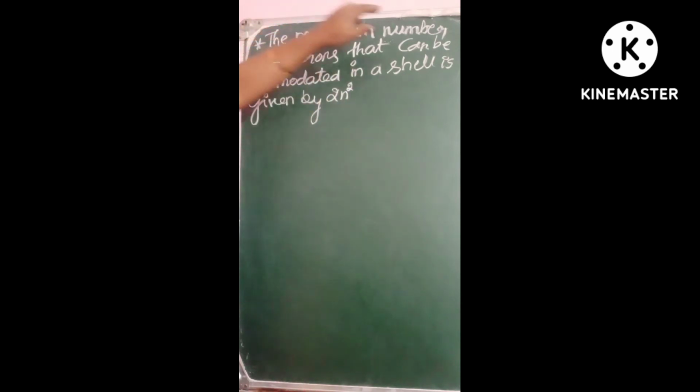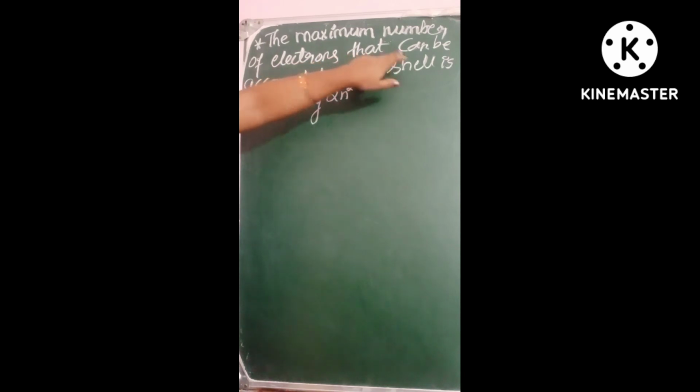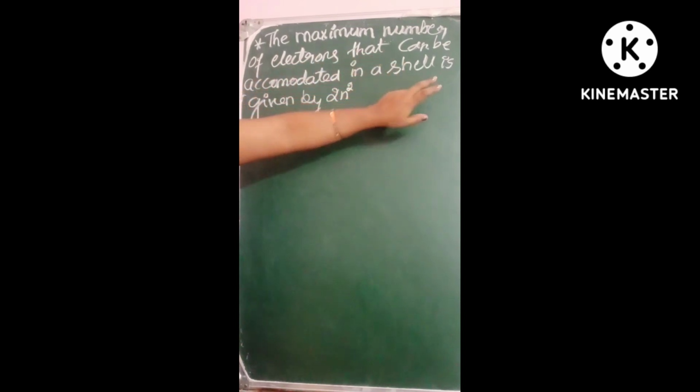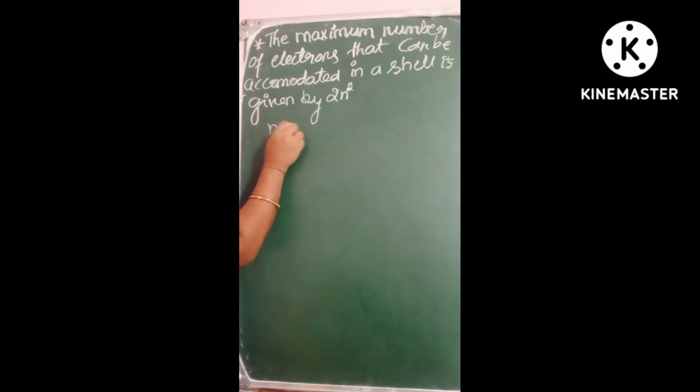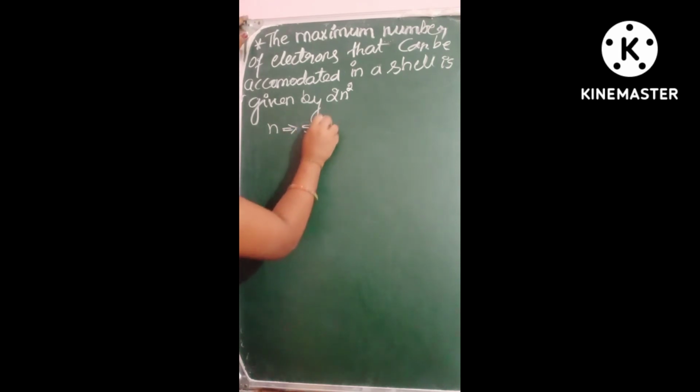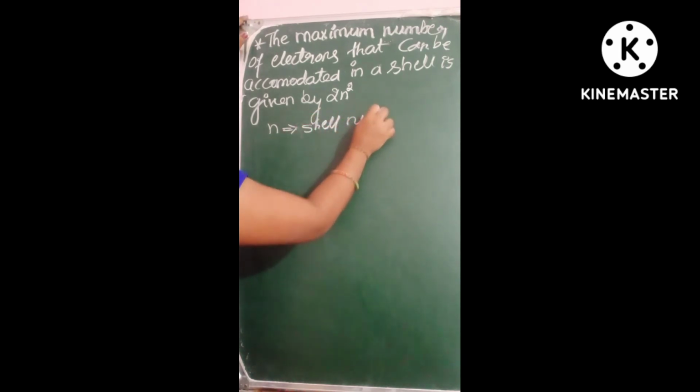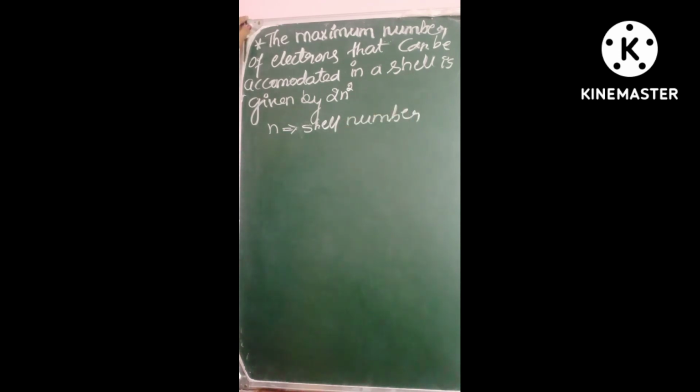Here n is nothing but the shell number. Say for example, we have the K shell, which is the first shell from the center of the nucleus.